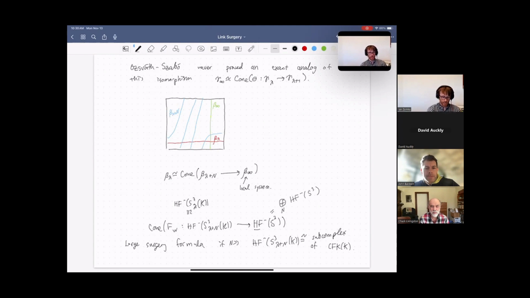One ingredient you need is this large surgery formula. In principle, one might be able to generalize it, but a large surgery requires a Seifert framing to be precise, so in a sense that doesn't work for homologically essential knots, without some extra work.